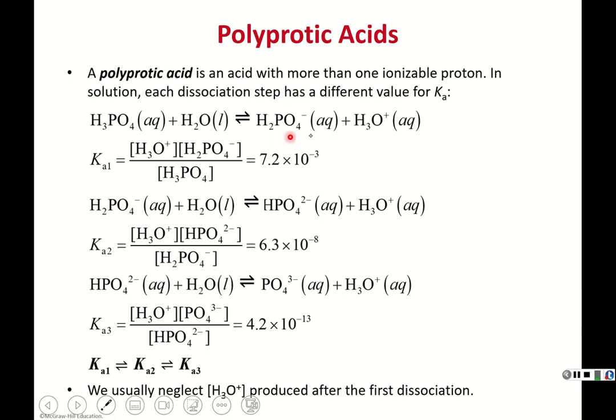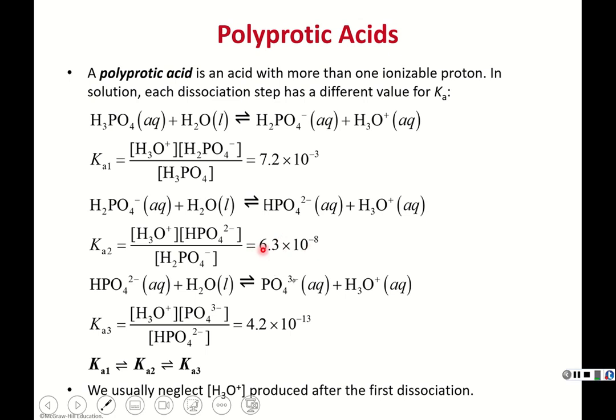Well, the conjugate base of that reaction becomes the starting point, or the acid, for the next proton that gets lost. So now we have H2PO4 minus losing a proton and becoming HPO4 2 minus, right? And so that particular proton being lost or donated has its own Ka value.